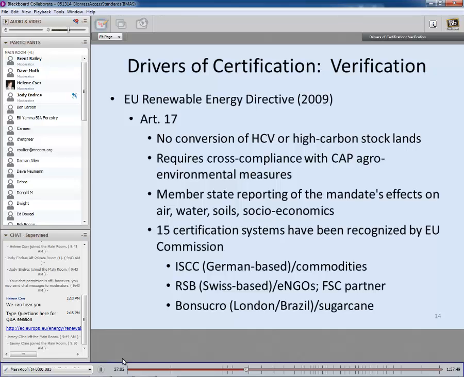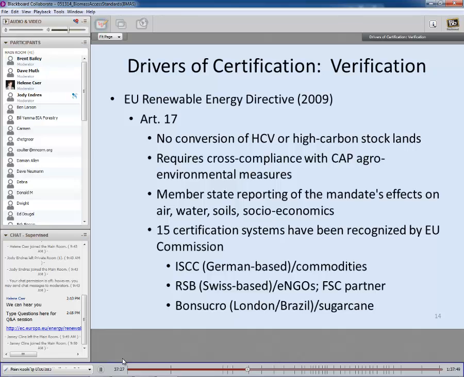It also recognizes FSC in the forestry context as a certifier for wood-based bioenergy. And then the third sort of leader in the world, and these are all international standards where they seek to apply these certifications not only in the United States but in other contexts as well, is the Bonsucro standard, headquartered in London.